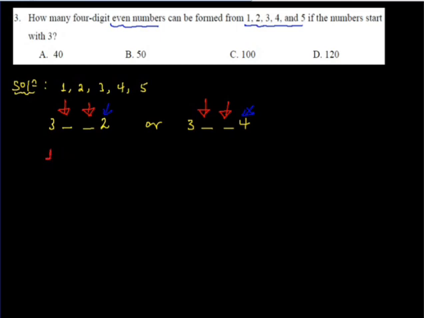We have 1 possibility in the first digit, 5 possibilities in the second digit, 5 possibilities in the third, and in the last we will have only 2 possibilities, this one and this one. So the product of this will be 50. So there are 50 4-digit even numbers which can be constructed from the numbers 1 up to 5. Therefore, the answer for this is B.